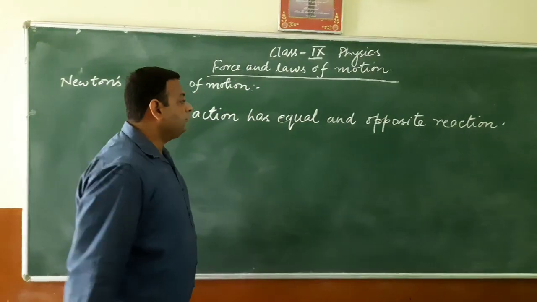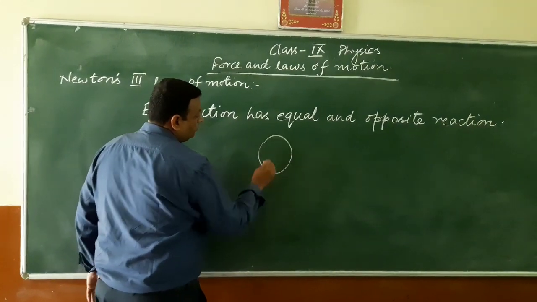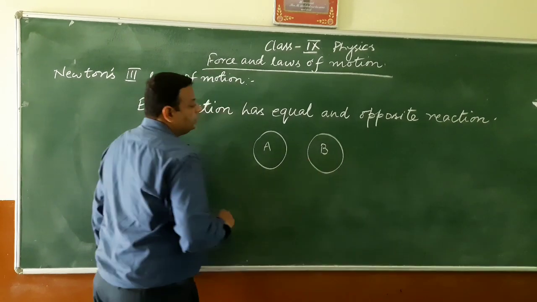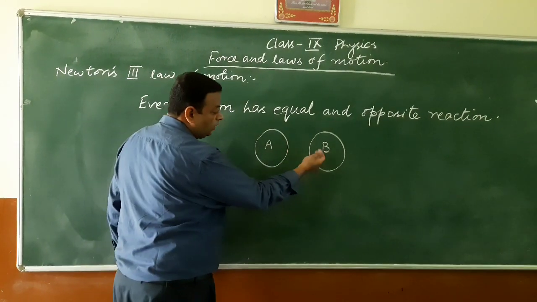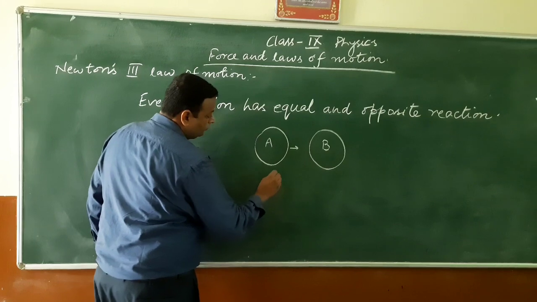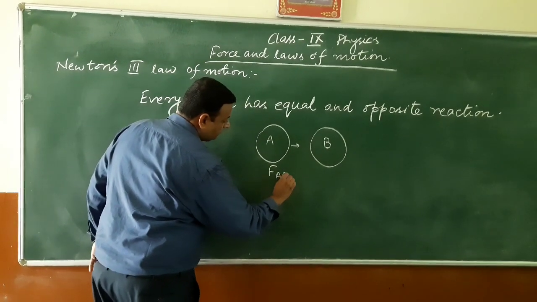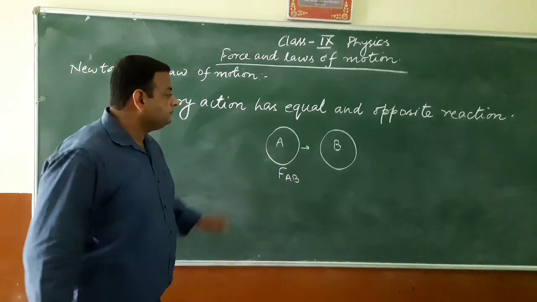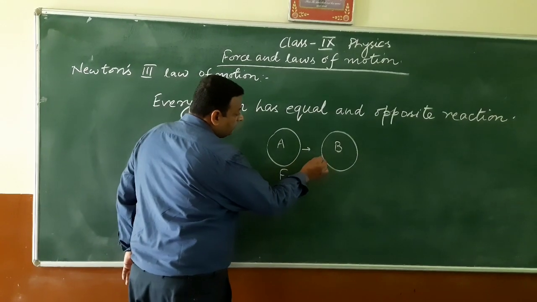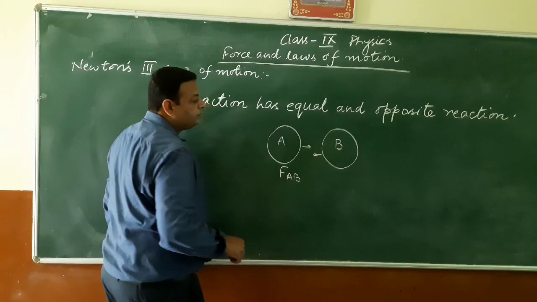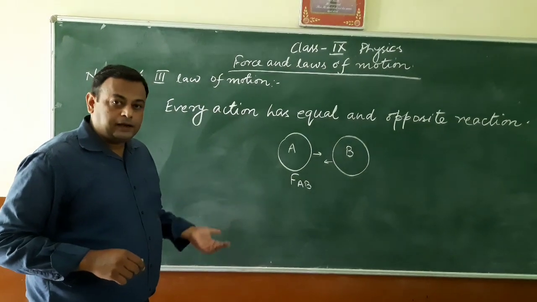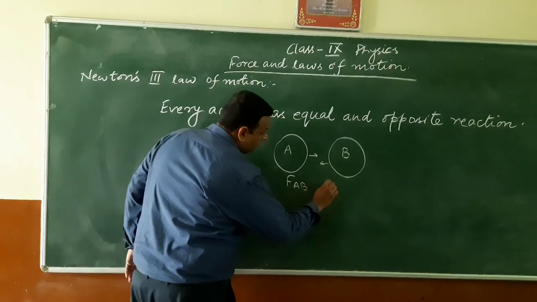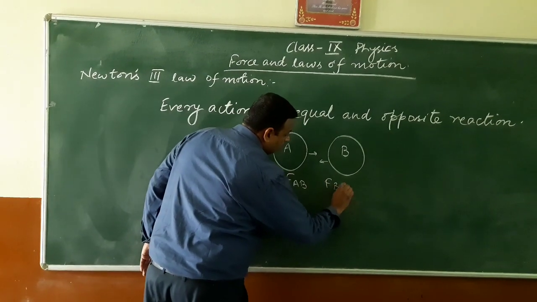It means if we have two balls, ball A and ball B, if ball A hit ball B, then it will apply the force FAB. FAB means the force exerted by ball A on ball B. Similarly, the ball B will also apply the force of the same magnitude but in the opposite direction, and that would be equal to FBA.